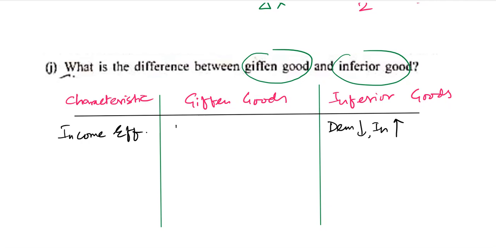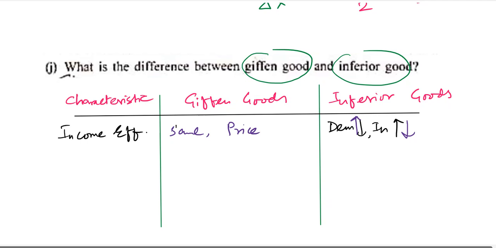Giffen goods exhibit the same income effect as inferior goods, but with an additional twist in response to price changes.